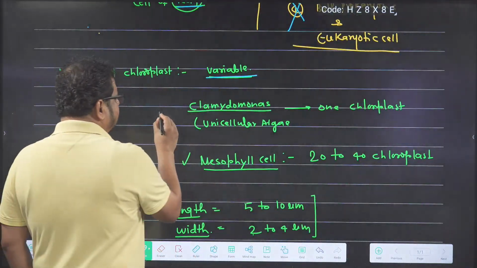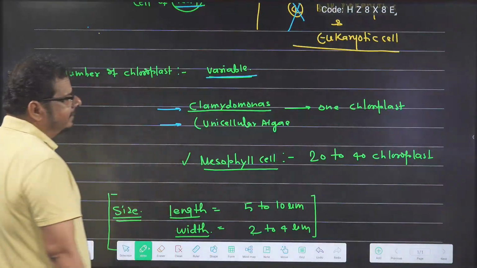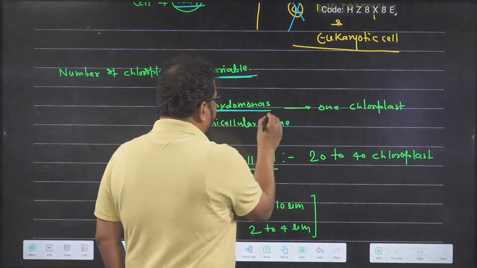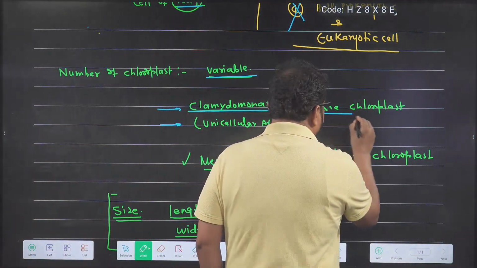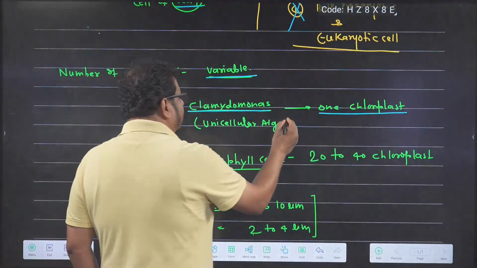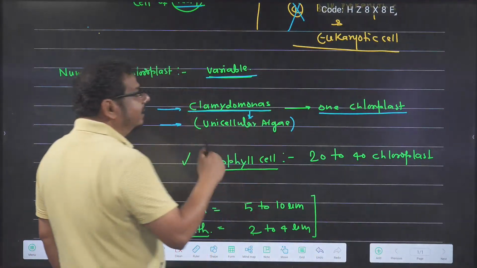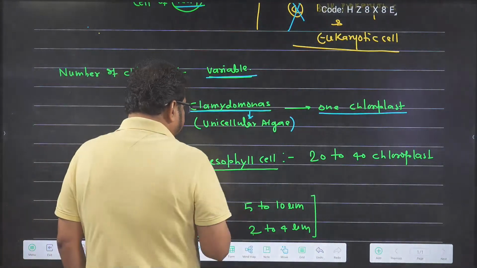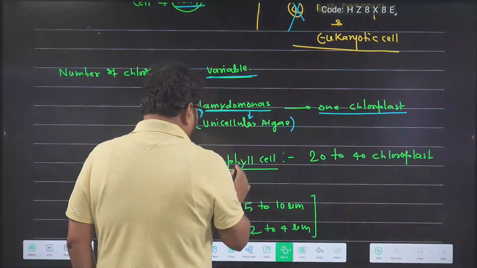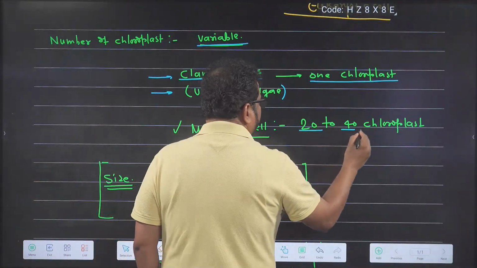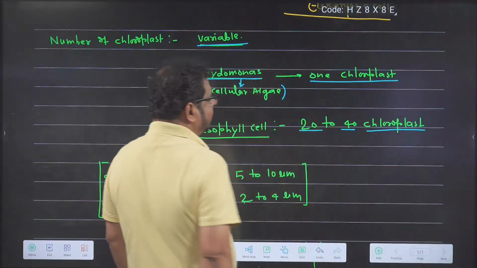Your NCERT textbook gives two examples, which I quoted here. One example is Chlamydomonas. How many chloroplasts does it have? One. Chlamydomonas is a unicellular alga; you will study it in the plant kingdom chapter. Another is the mesophyll cell, where 20 to 40 chloroplasts are present per cell.